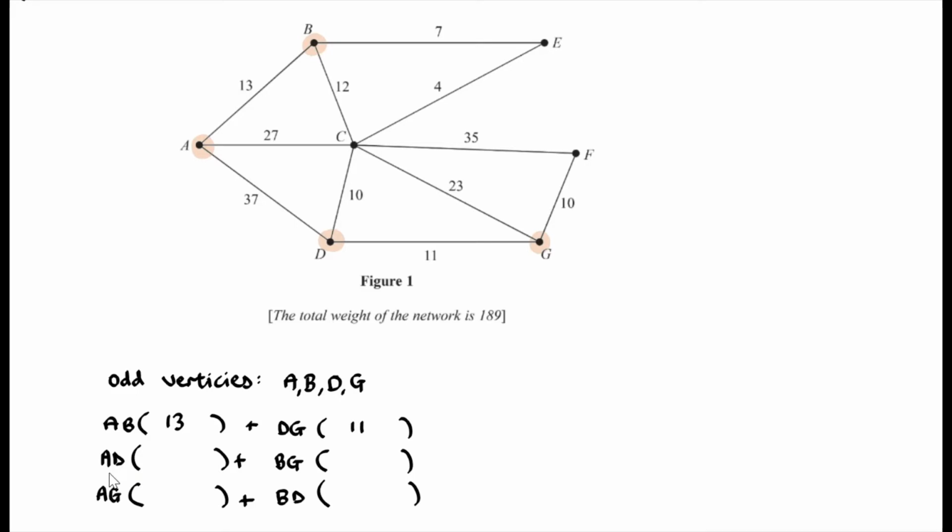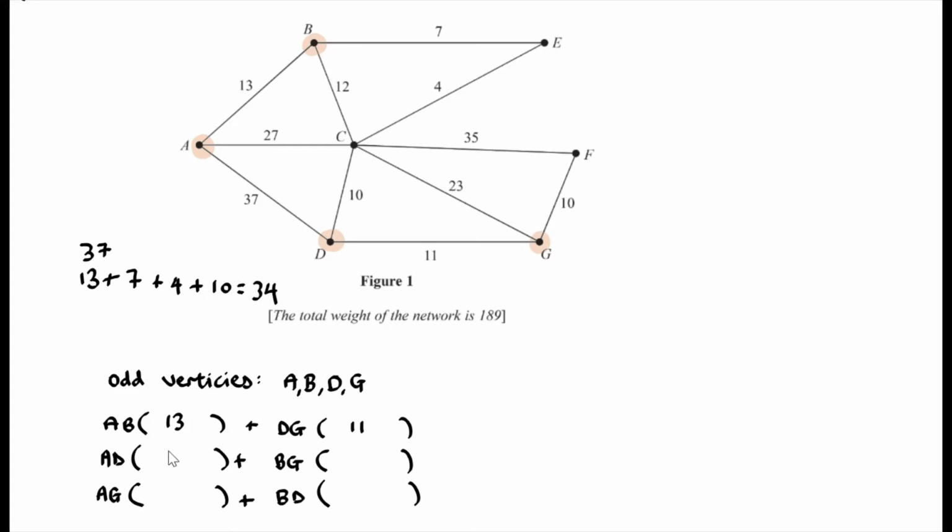And if we consider AD, well, AD, we can either take this 37, that's one way, or a smaller way to start at A and finish at D. We can go A to B, which is 13, then we can go B to E, that's 7, and then we can go E to C, that's 4, and then we can go C to D, that's 10, and if we work out this total, you'd find we get 34.